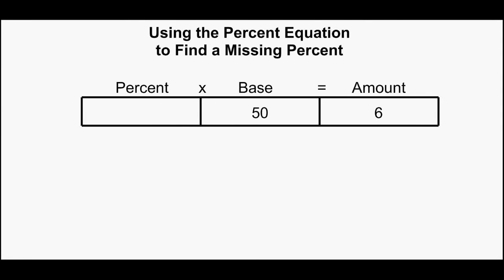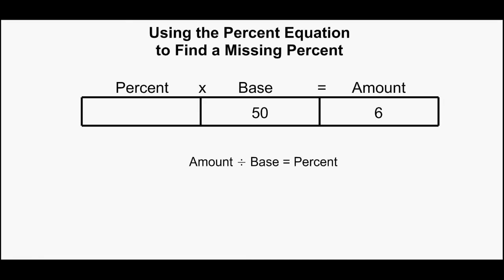Let's use the percent equation to find a missing percent. In this example, we have a missing percent times a base of 50 equals the amount 6. Because the percent is a factor, we will use division to find it.